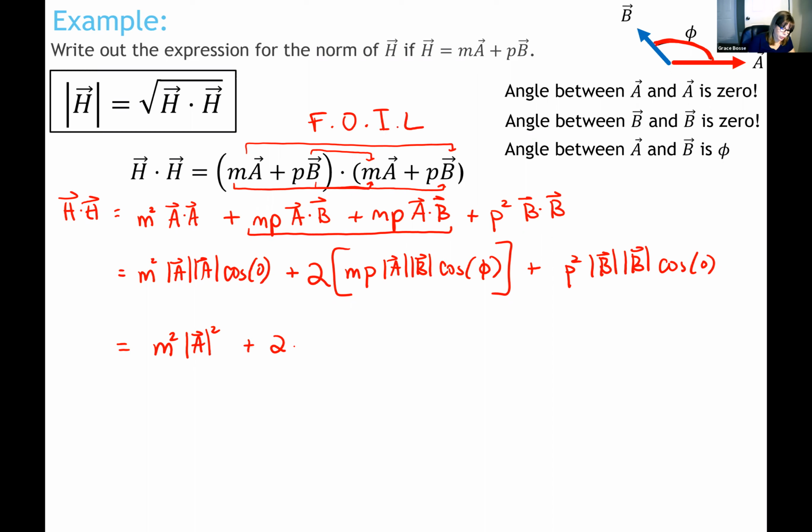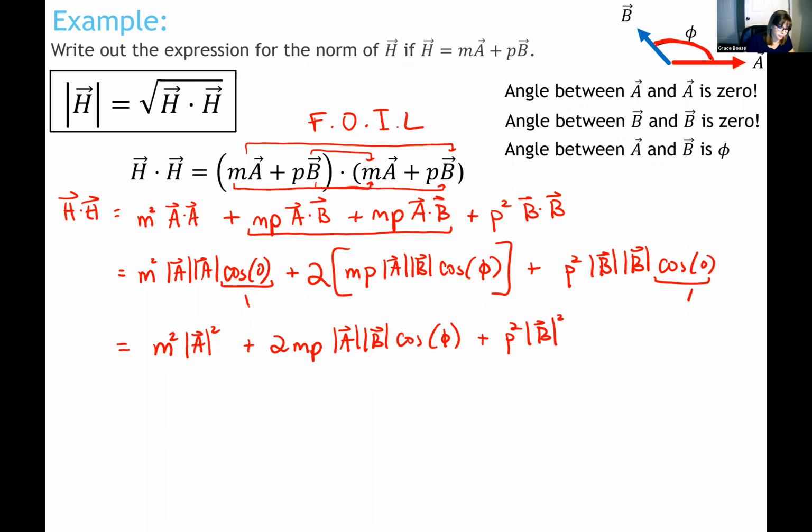Now my middle term was 2mp, norm of a times norm of b times cosine of phi. Can't really simplify that anymore, that is what it is. And now this last one, I have p squared, norm of b times norm of b is norm of b squared. And then again, cosine of 0 is just the number 1. So if you want to write times 1, you can go ahead and do that. I plug in and I know that the cosine of 0 is the number 1. That's where those went. So maybe write something like this to show me that you know that the cosine of 0 is 1.